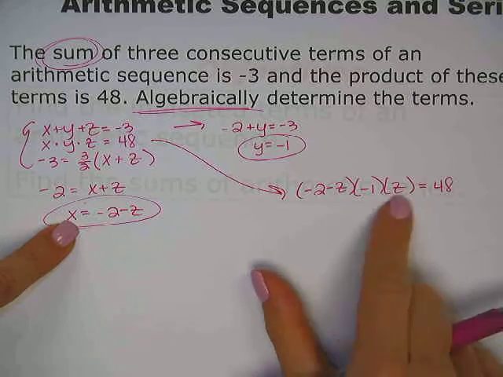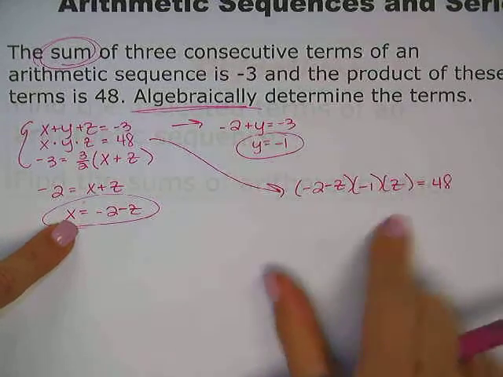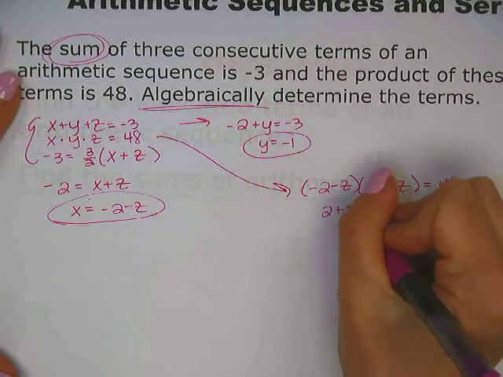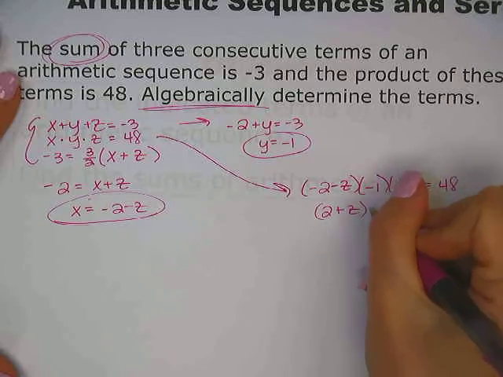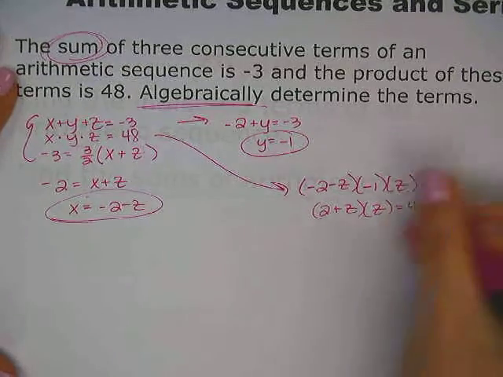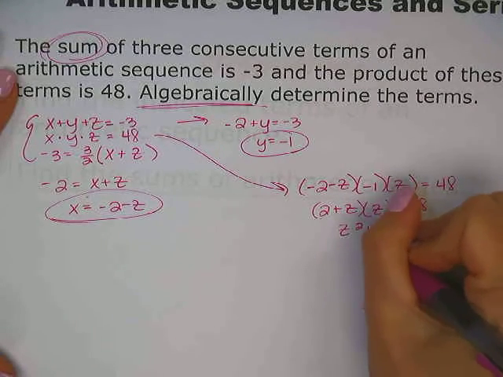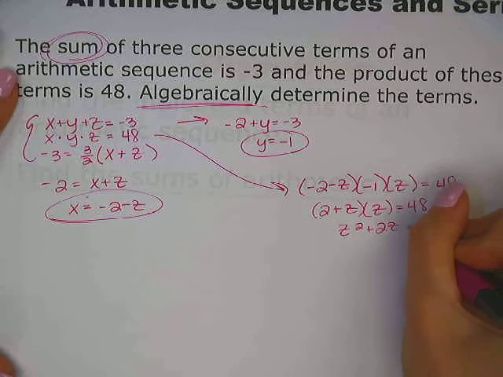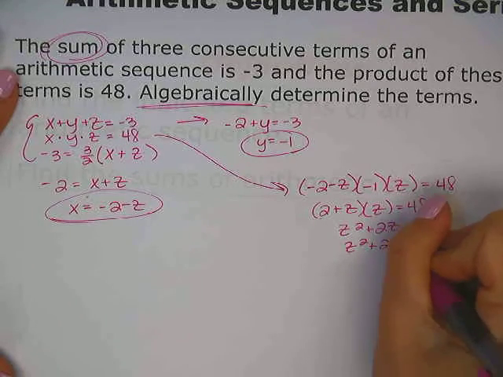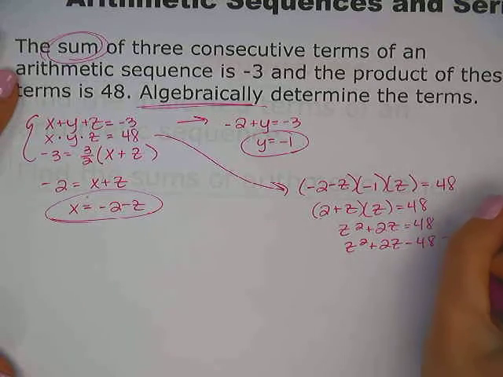Now I've only got one variable left. So let's simplify this out a little bit. I've got 2 plus z times z equals 48. Therefore, z squared plus 2z equals 48. Therefore, z squared plus 2z minus 48 equals 0.